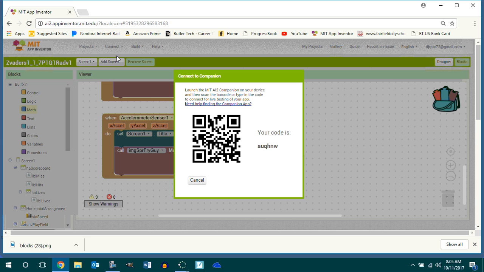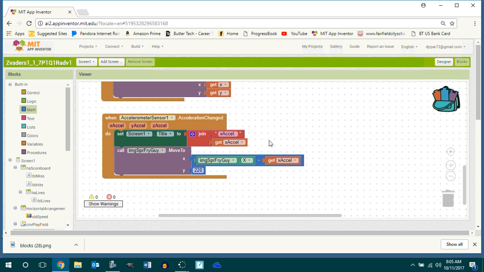And it goes faster and slower too, depending on how much you tilt it. Mine works perfectly. So did we figure that out today? Yeah, we did. There's your acceleration.